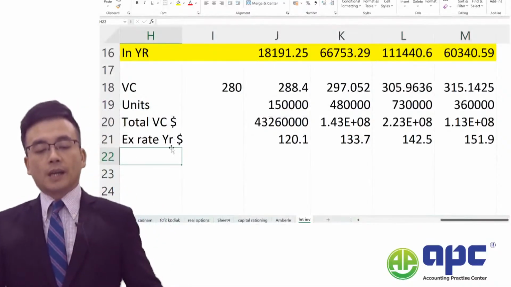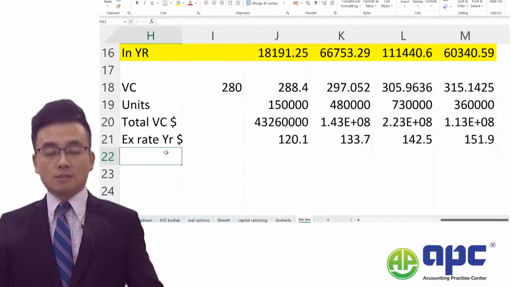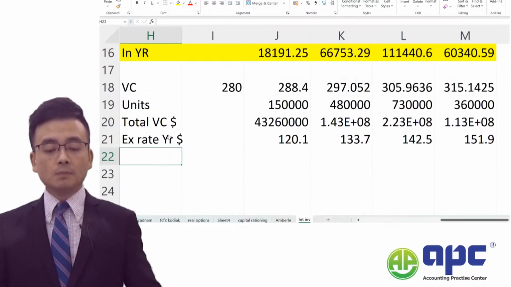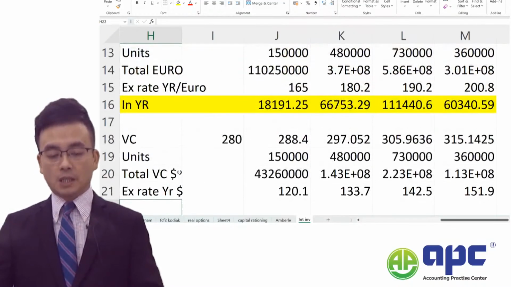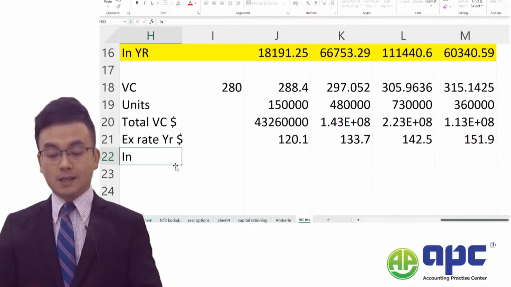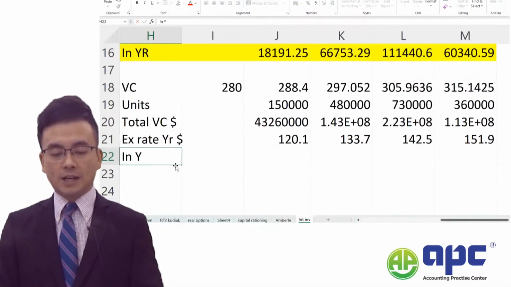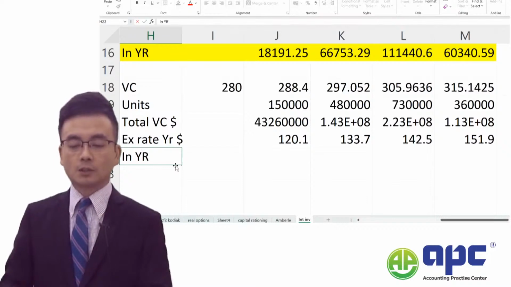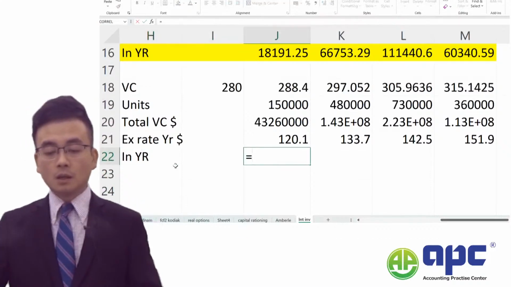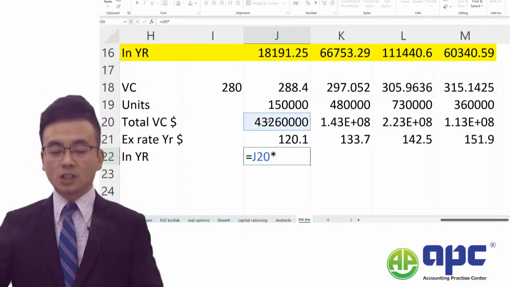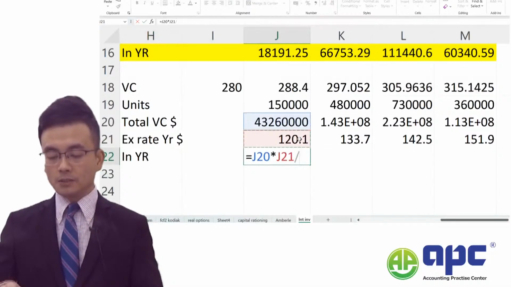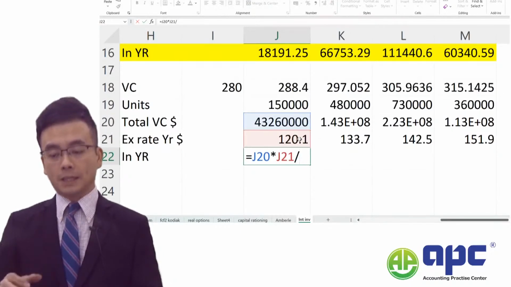Now to work out the Yulanzi Ren, simply multiply all together. So in Yulanzi Ren, although it's a fake country anyway, we simply take this and multiply by this. The amount is too large, and that's why we divide by a million, over 160.